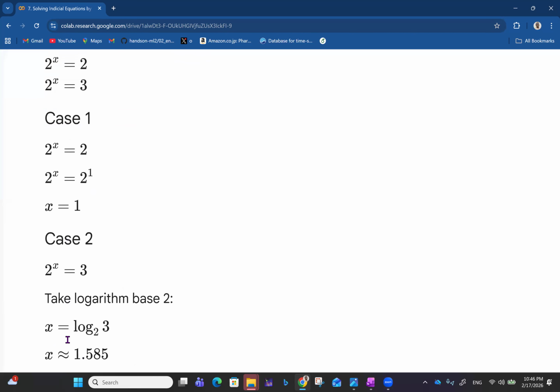Then case 2 now, you have 2 raised power x equals 3. Well, try hard as you may, you can't get 3 to be base 2. Well, you can do some things, but it's not necessary. So once the bases cannot match, as you're going to see, I think in the next two videos or so, we'll see how to solve exponential equations by taking logarithm of the base.